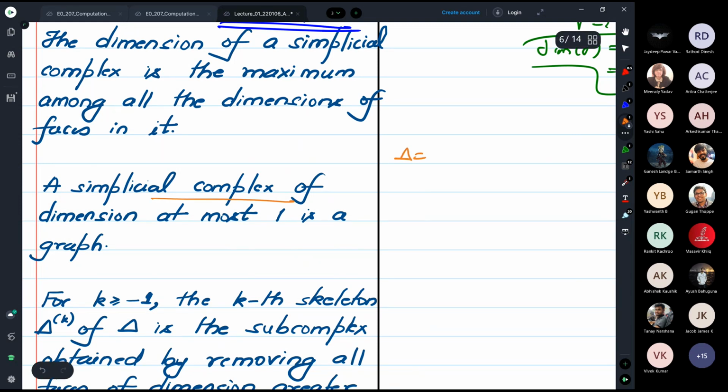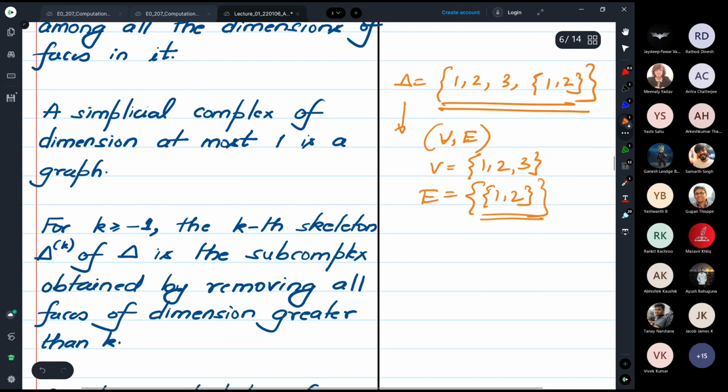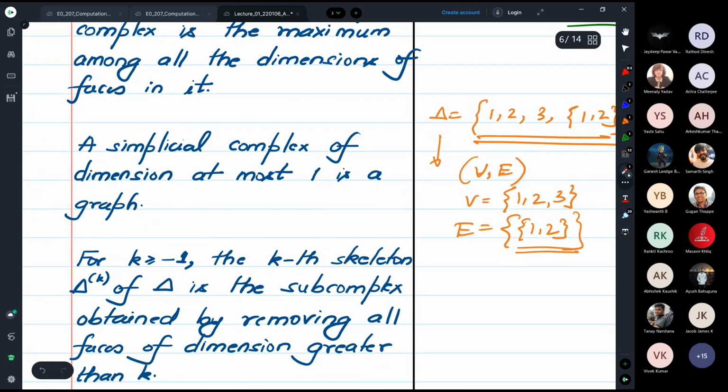So if you had something like this, this is a graph, because I can equivalently view this as the pair (V, E), where V is {1, 2, 3}, and E is made up of the subset {1,2}. My claim is that whenever you have a simplicial complex of dimension at most 1, it can be equivalently viewed as a graph.